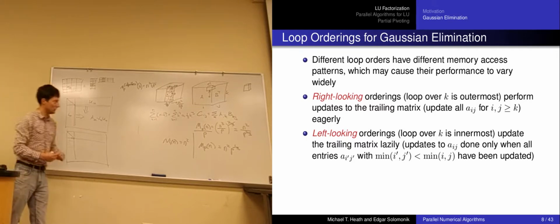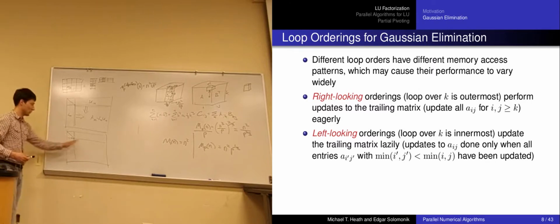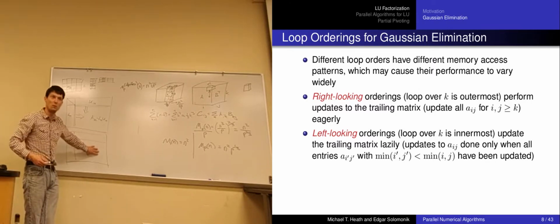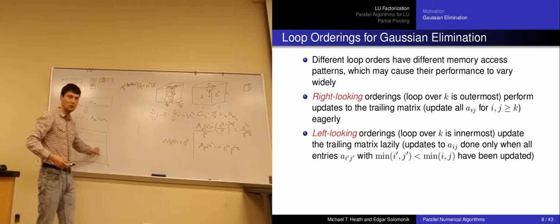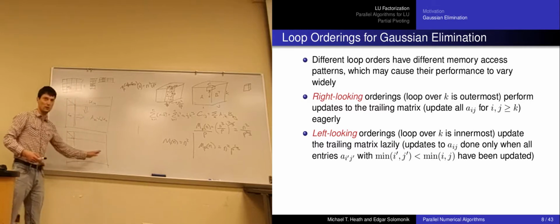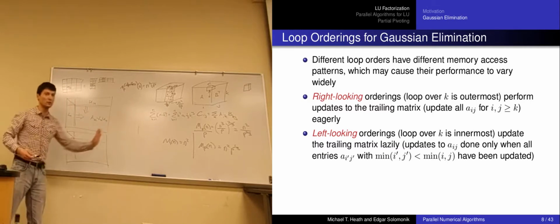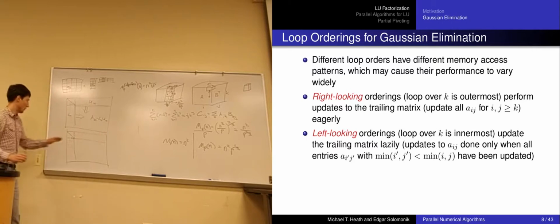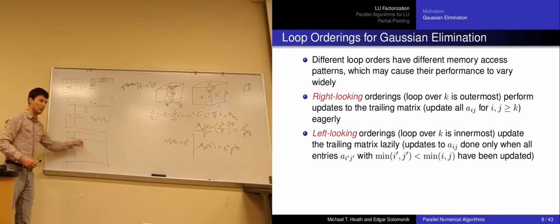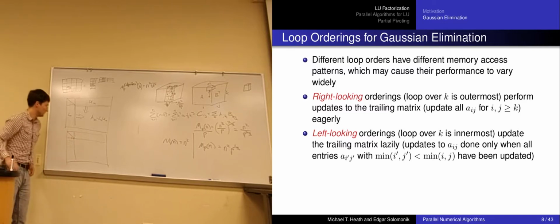But in general, the big difference is that we haven't touched the trailing matrix yet at all. So we haven't updated any of these entries until we actually get there, from kind of the left, if you will. So we always look left and read a bunch of updates before we actually write.